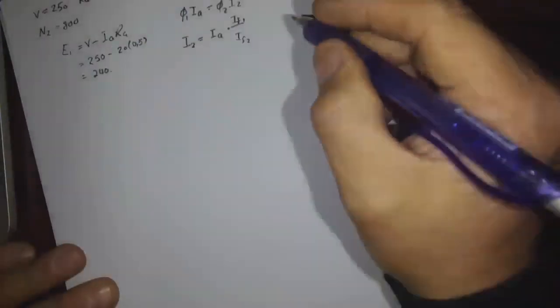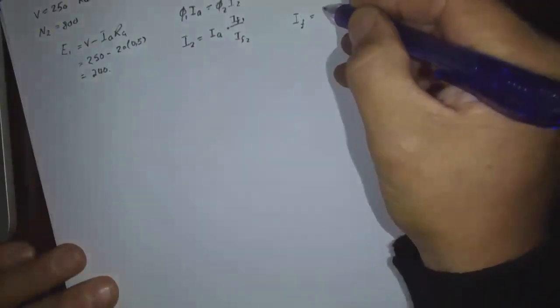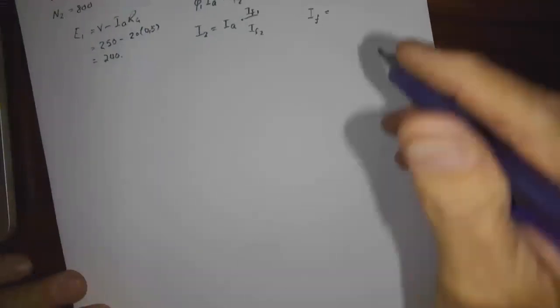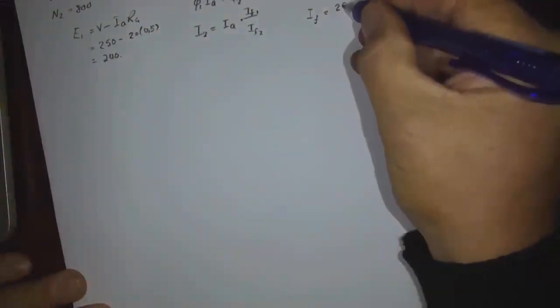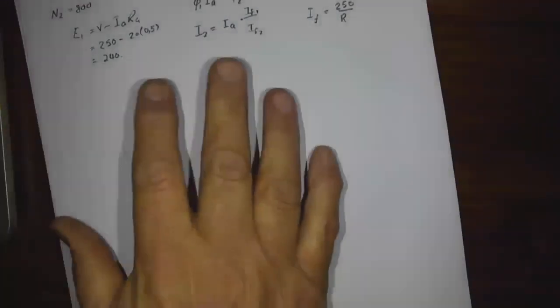Then I field 2, we don't know what that is. It must have a resistance in it. So that will be 250 over R. All right, you with me so far?